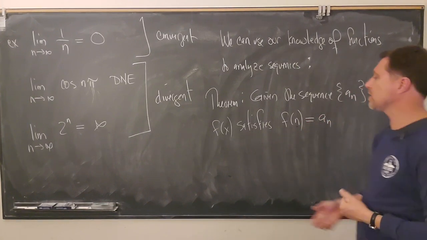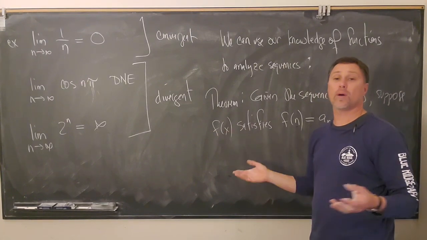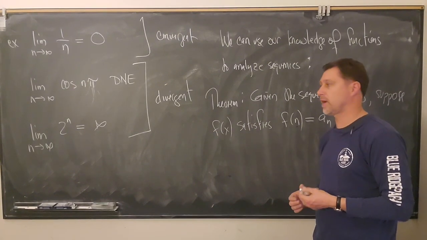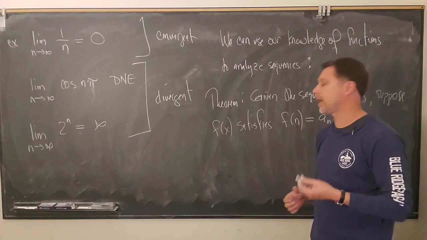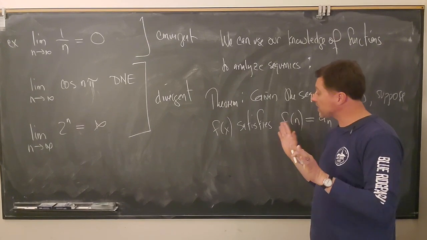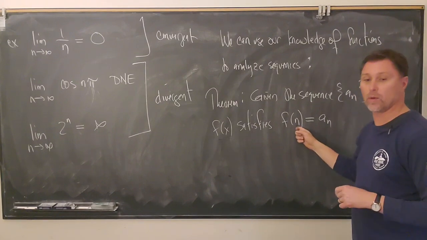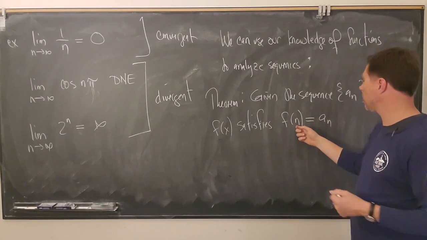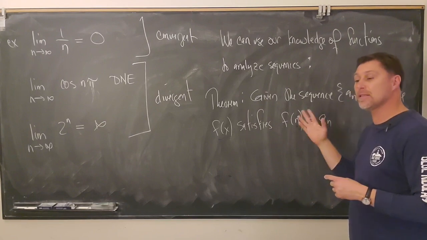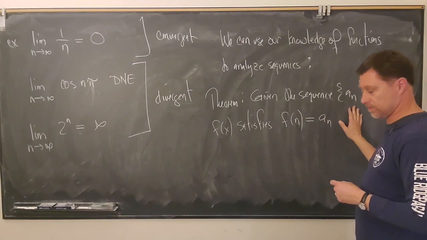So f of x is a function, which means that we're allowed to plug in numbers that are not necessarily integers, like f of 1/2 and f of pi. But suppose that this function has the property that whenever you plug an integer in, 1, 2, 3, 4, 5, and so on, the output is exactly the same as the terms of the sequence.